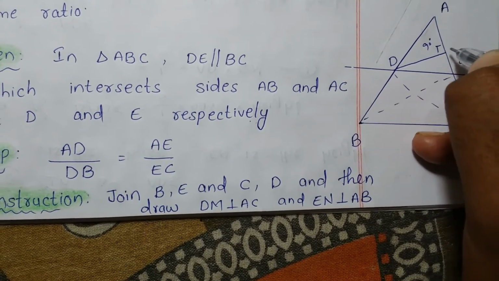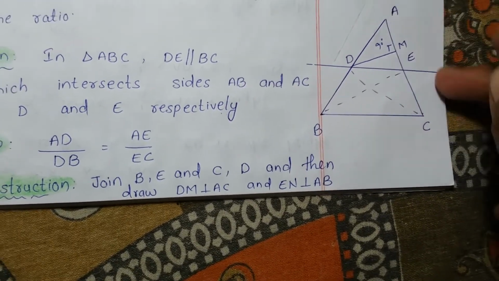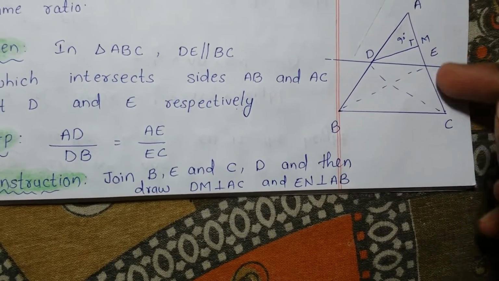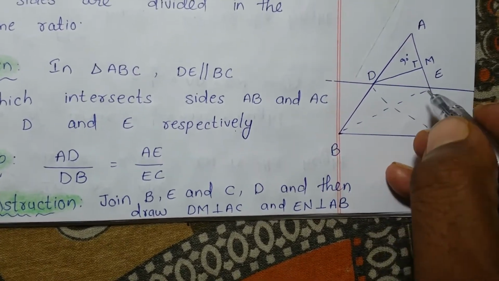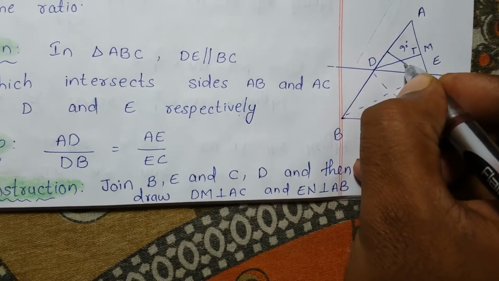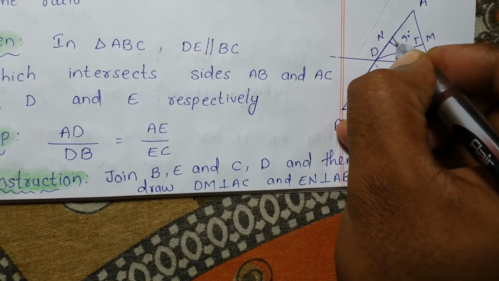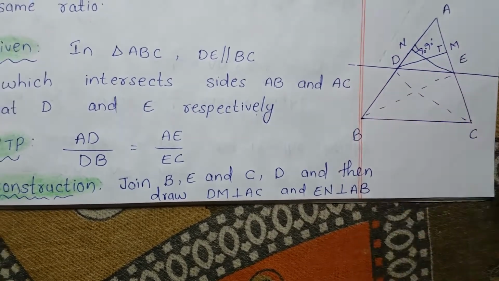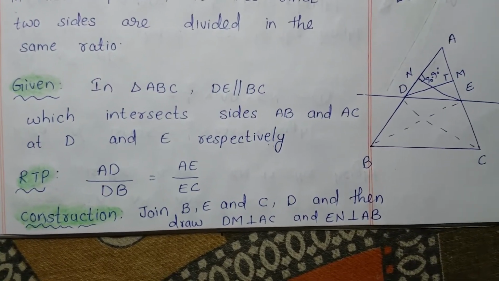That is 90 degrees here, perpendicular to the side AC. We drew one perpendicular to side AC, that is DM. Draw one more perpendicular EN perpendicular to the side AB. So this is the construction.